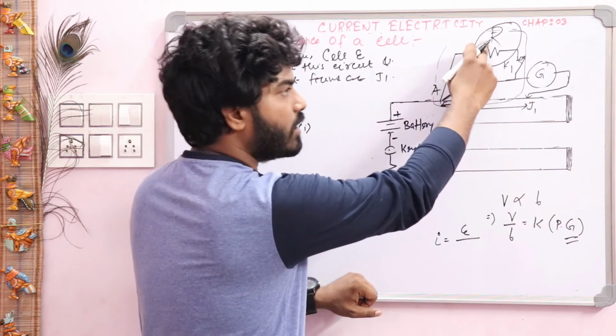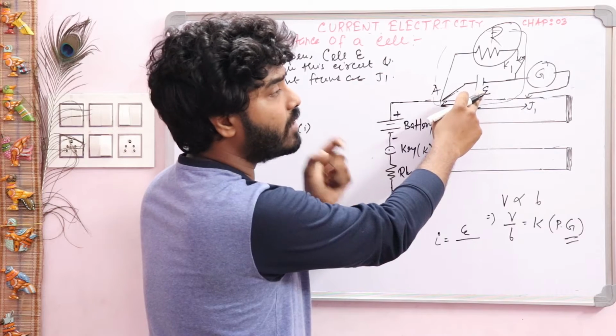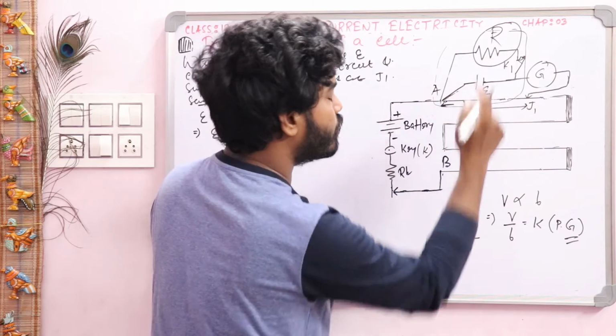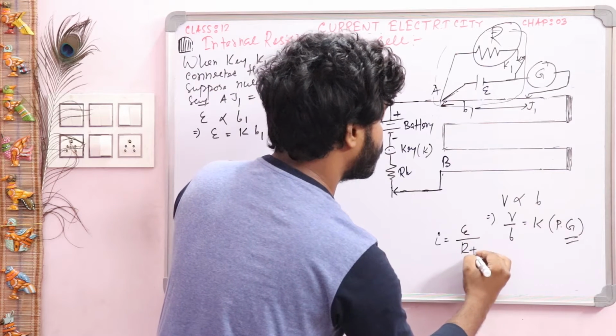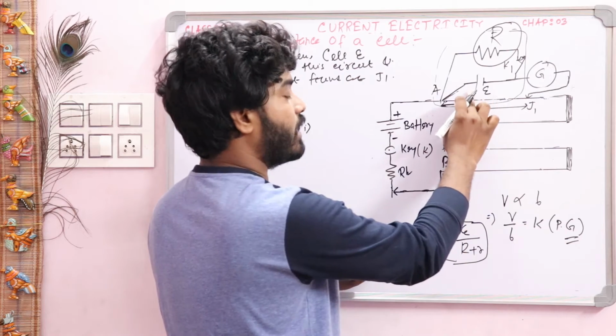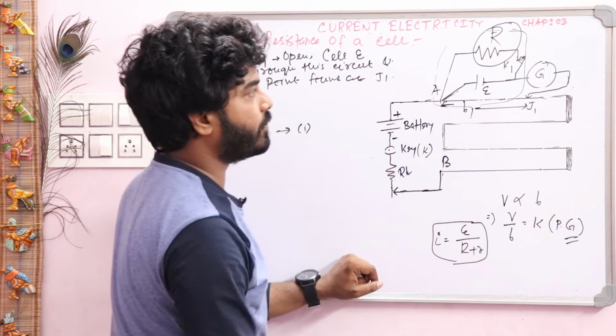Here we have external resistance R, and every cell has an internal resistance. So this cell has internal resistance, suppose named r. Here the current passing through this cell is I equal to E divided by R plus r.